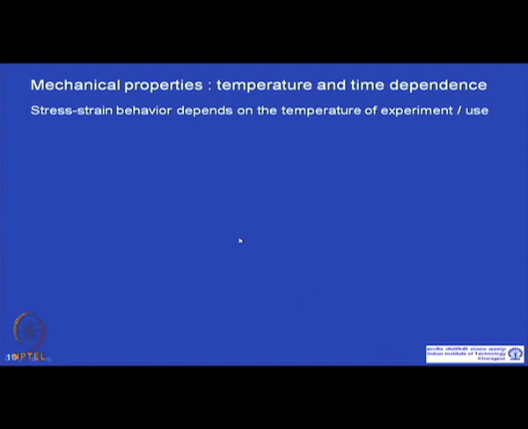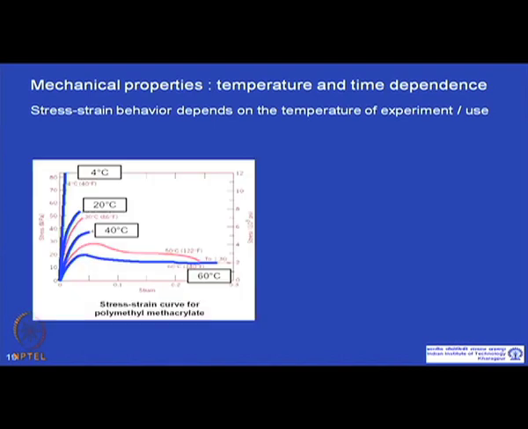Now, the stress strain curve we talked about, and the modulus or the stiffness and rigidity and your elongation at break, all those parameters or properties can depend both on the temperature and the time, the strain rate, basically how fast you are applying the stress or how fast you are straining the polymeric material.